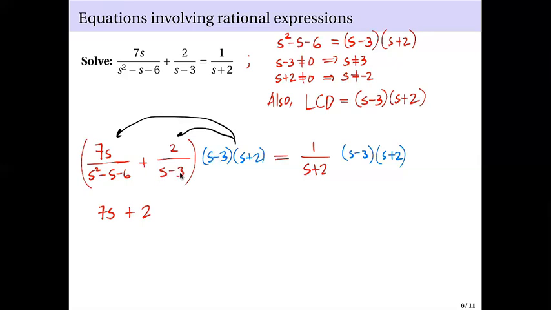So this will cancel this one here, and we'll be left with s plus 2 there. And on the other side of the equation, the expression that will be cancelled is s plus 2, which means we'll be left with s minus 3 only.